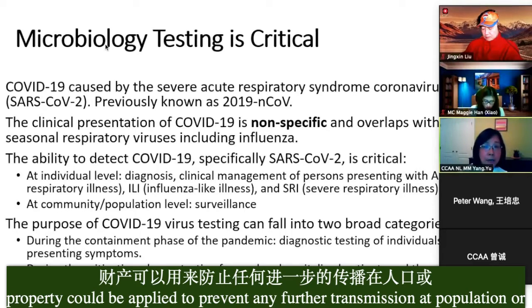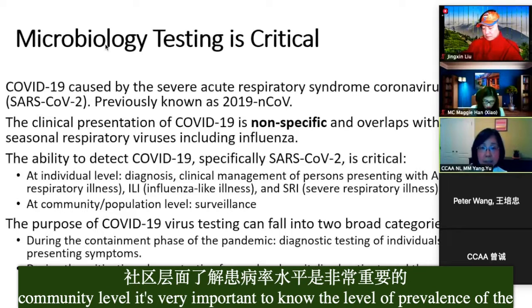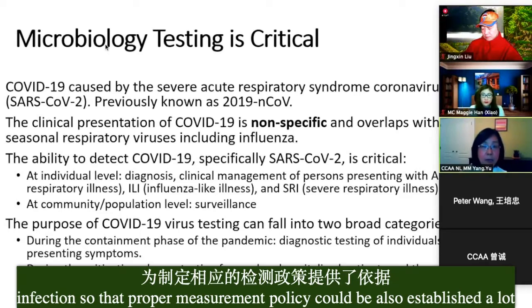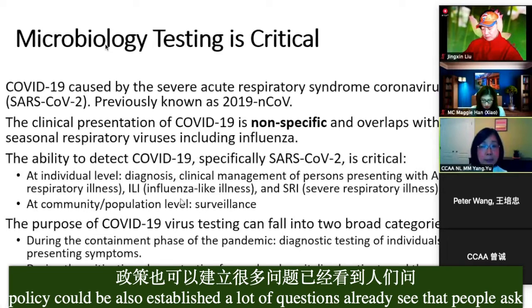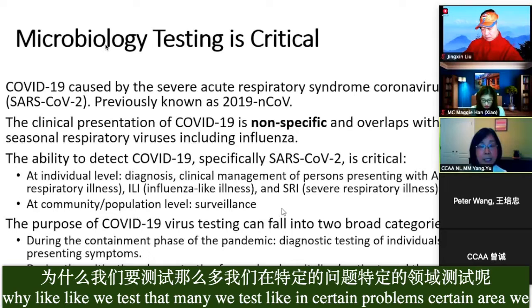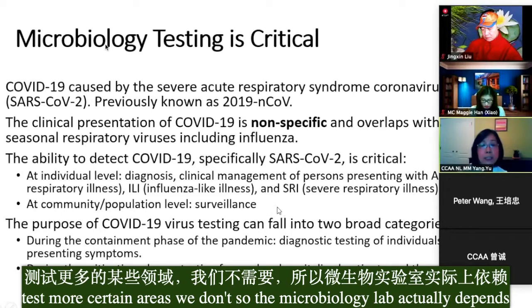At the population or community level, it's very important to know the level of prevalence of the infection so that proper measures and policy could also be established. A lot of people ask why we test that many in a certain province or area, and in certain areas we don't.